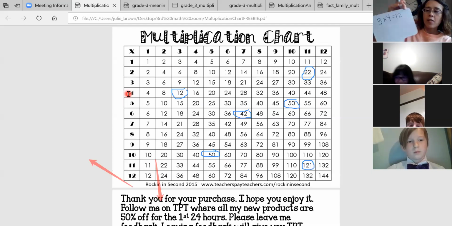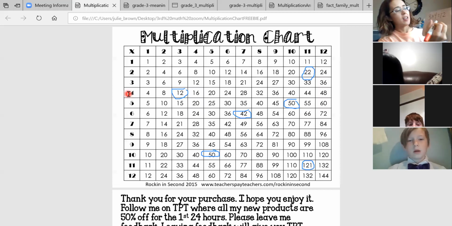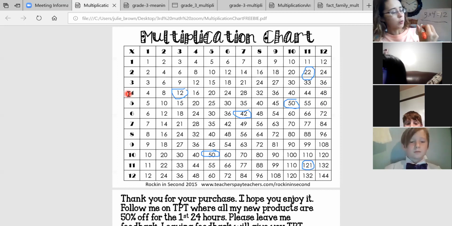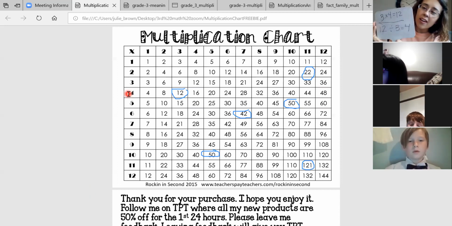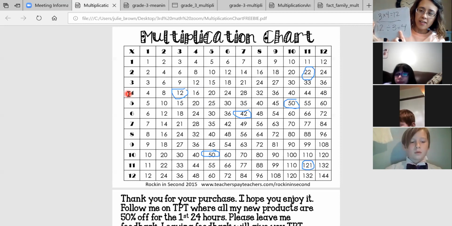Can you guys read this fact for me? 3 times 4 is 12. Yes. If I work backwards and I'm starting with the whole of 12, I can share 12 with 3 people and each person gets 4.